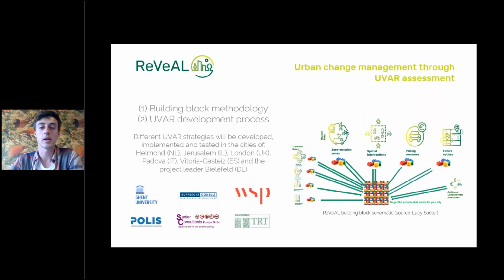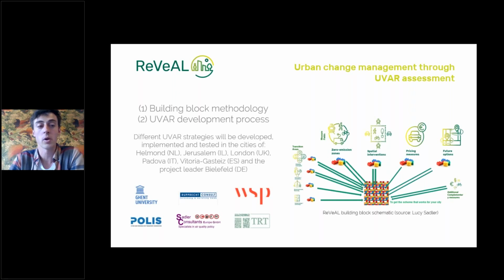So basically in ReVeAL, we want to support cities in making the sustainable mobility transition, countering the externalities resulting from car-dominant urban space. And we try to do this by applying two methodologies.